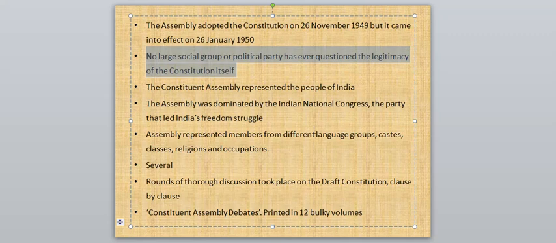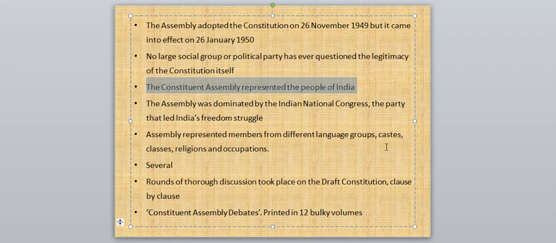Now, what was the situation? You have to see that the Constituent Assembly, which was elected during that time, was basically representing the people of India. The Constituent Assembly, around 299 members, was representing the whole of India. But you have to be very careful here.